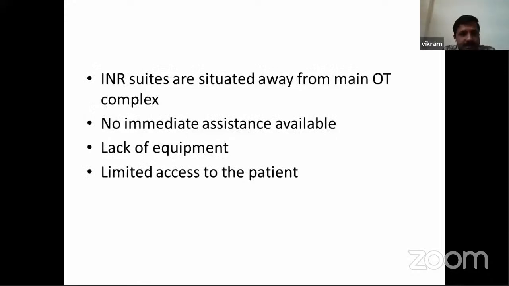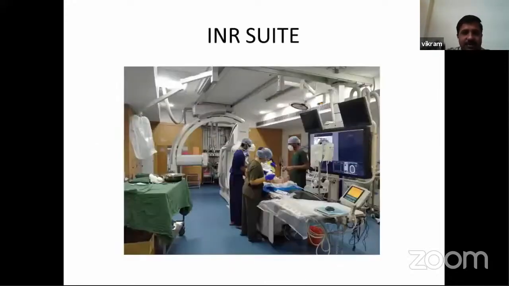These procedures are performed in INR suites, which are specially designated for such procedures, and these are situated away from the main OT complex. Just like any other procedure done outside the OT, here also we have to face certain challenges: there's no immediate assistance available, there's lack of equipment, and there's limited access to the patient.